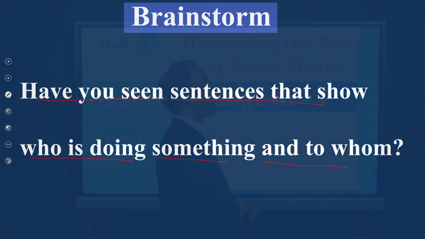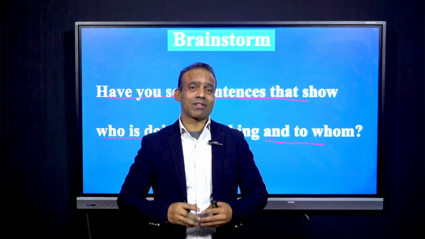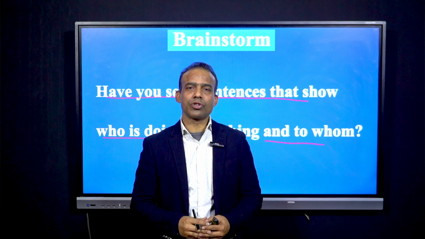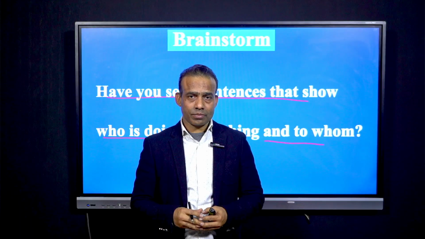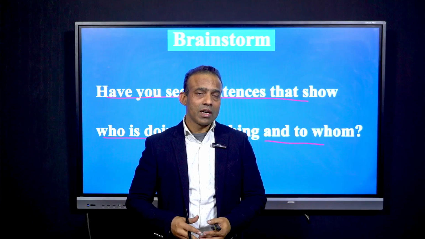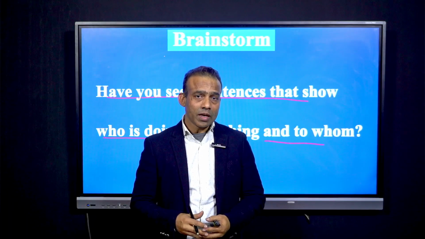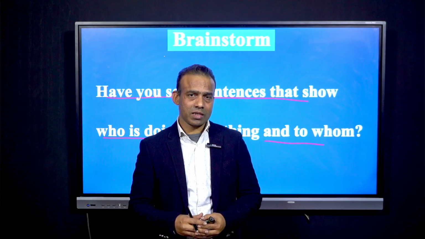Dear learners, you know very well, brainstorming activity is that activity which connects us to the real topic which we are going to do. So, it is telling about what is the doer and what is the receiver. Now, let's see in the next slide what is the doer and what is the receiver.